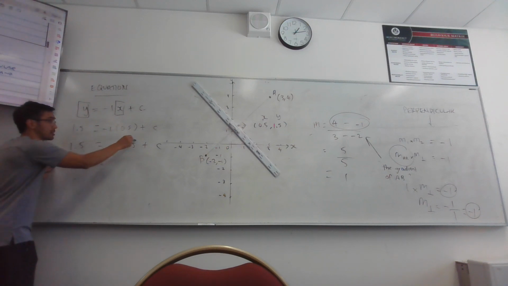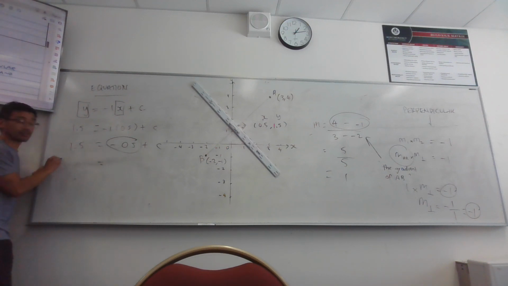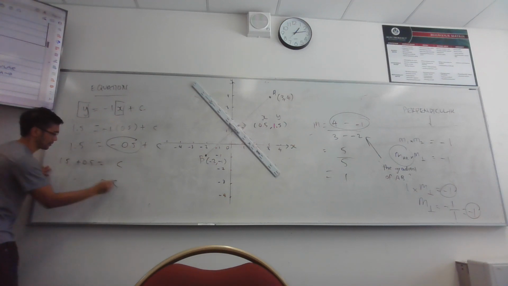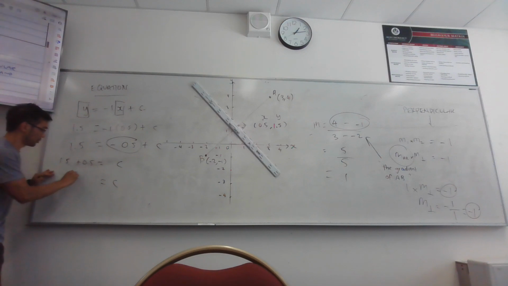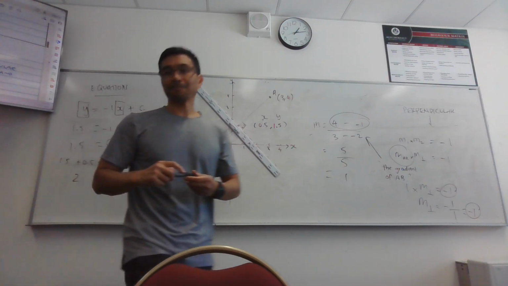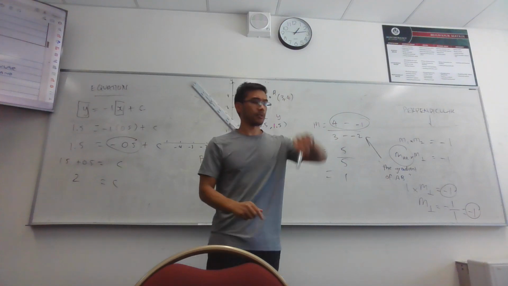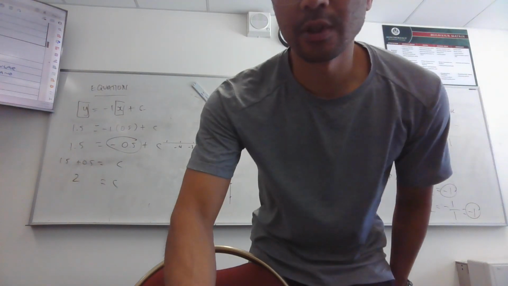The opposite of a minus 0.5 on the other side is a plus, because we want to get C by itself. 2. Okay? 2. Any questions with that? Okay.